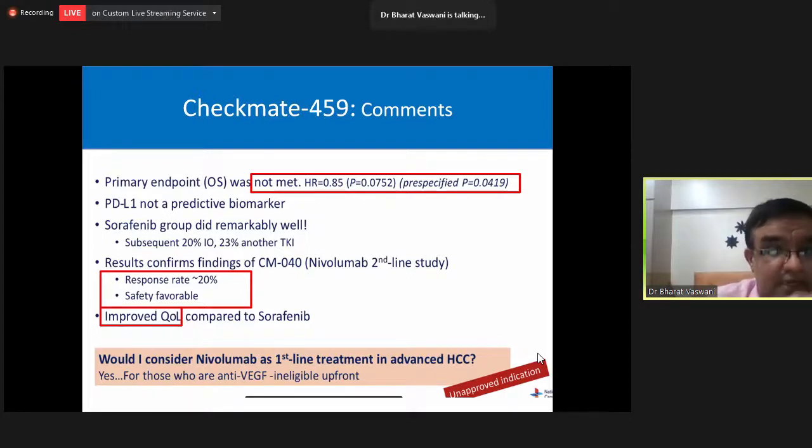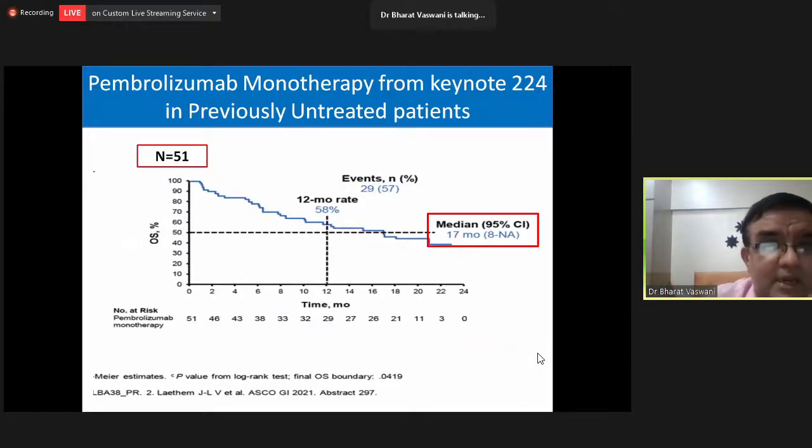Of course, with better quality of life. Is there data of Pembrolizumab as a single agent in the first line? In this ASCO GI 2021, in the subset of Keynote 224, single agent Pembro gave an OS of 17 months. So 16 to 17 months is a benchmark that a single agent immuno will deliver, with a response rate of close to 18%.